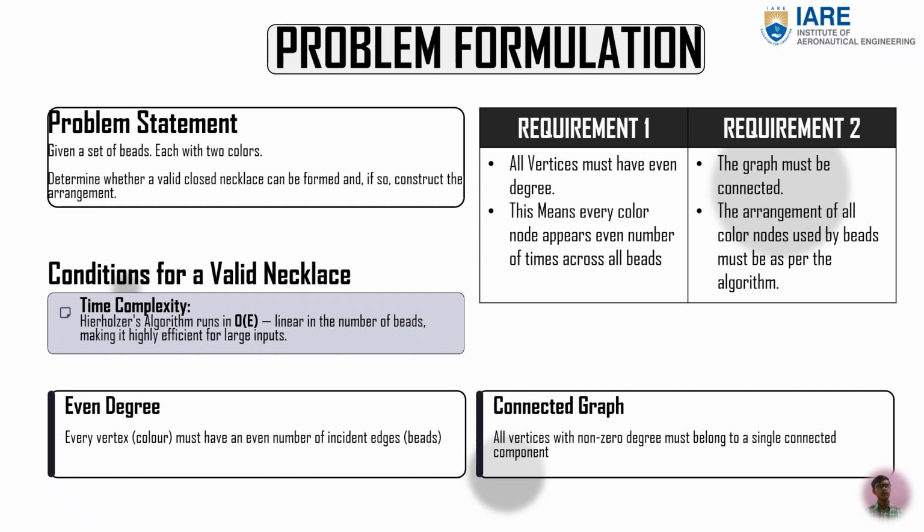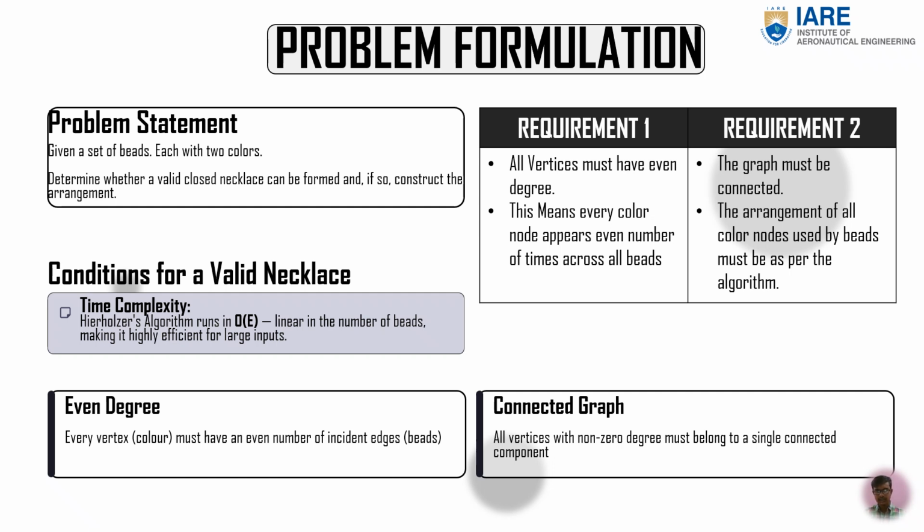That is, every node must have an even number of edges, such as two or four. This means every color appears an even number of times across all beads.